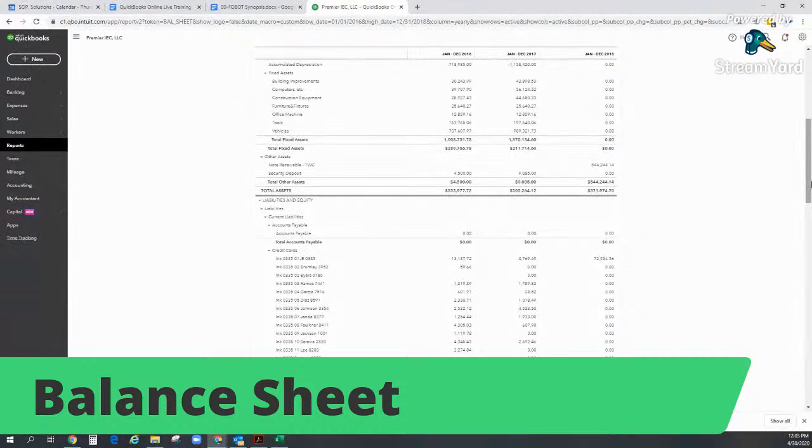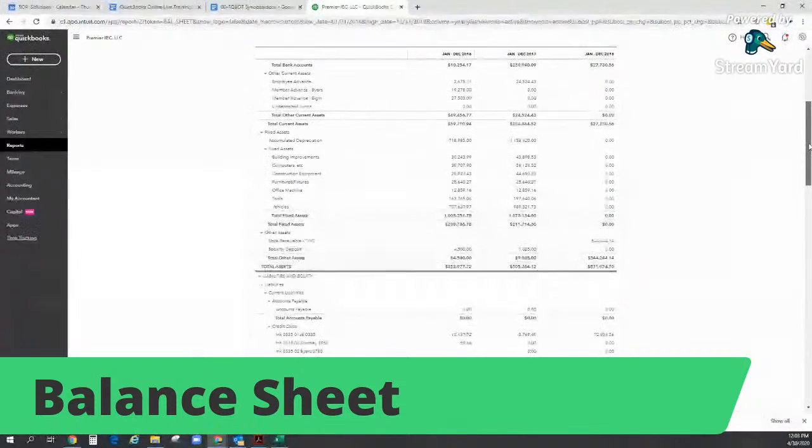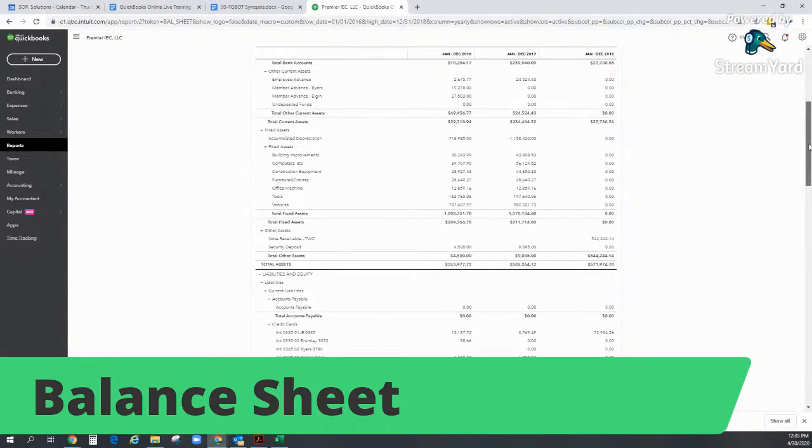What happens though is if you have a loan, you have to put it in separately. That accumulated depreciation is some heavy money. You never touch accumulated depreciation until the end of the year, and if you do, enter it through a general ledger or journal entry. And we're about to get to the journal entries in just a minute.